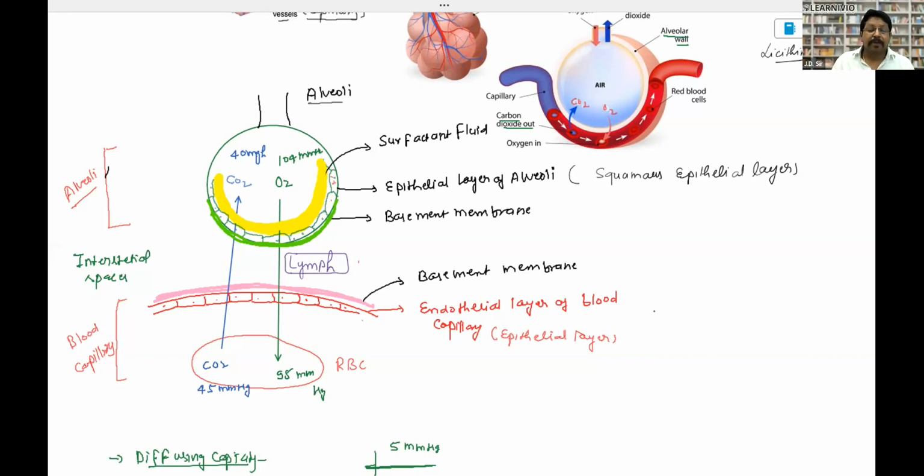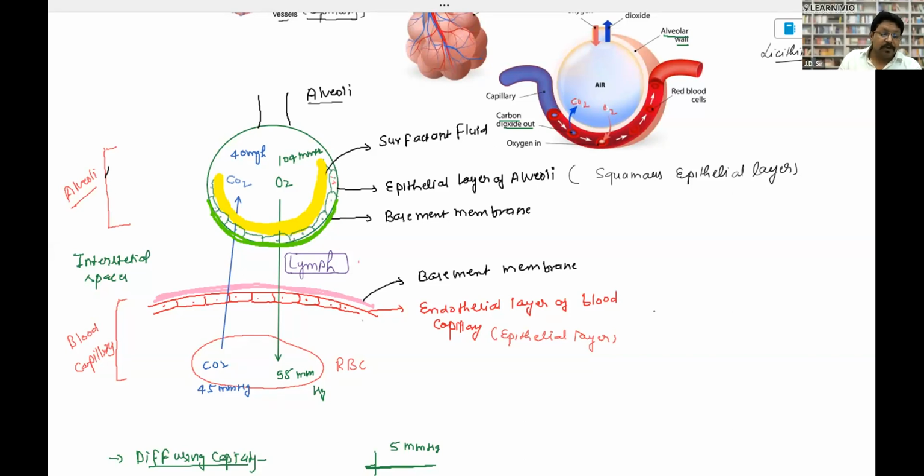The partial pressure of oxygen is 104 mmHg in alveoli, and it is 95 mmHg in RBC. Diffusion always takes place from higher partial pressure to lower partial pressure. That's why the diffusion of oxygen takes place from alveoli to the RBC.